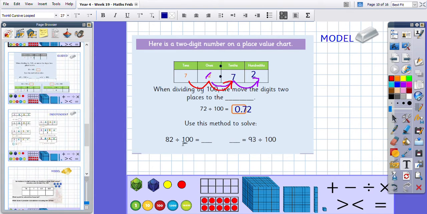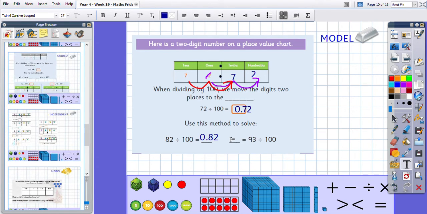Okay, so 82 divided by 100. If we had 82 in our place value grid and we move them 2 places to the right because we are making them 100 times smaller, our answer would be 0.82. And this one looks a little bit confusing because it's backwards, but you're still doing the same thing, 93 divided by 100.